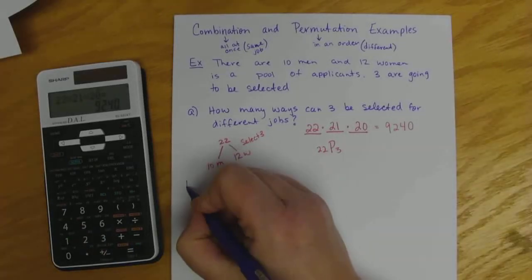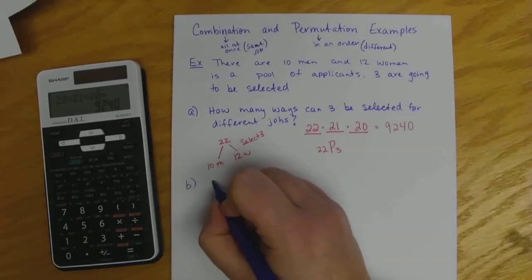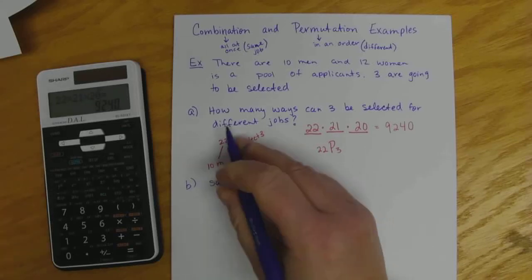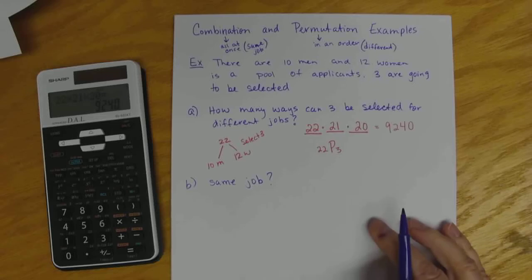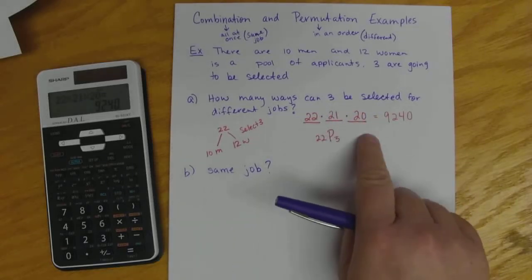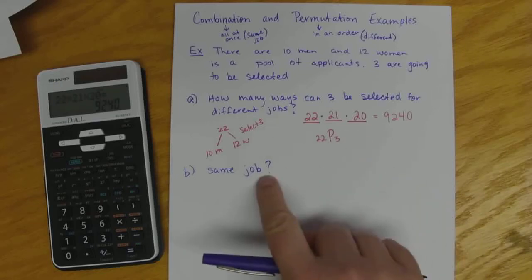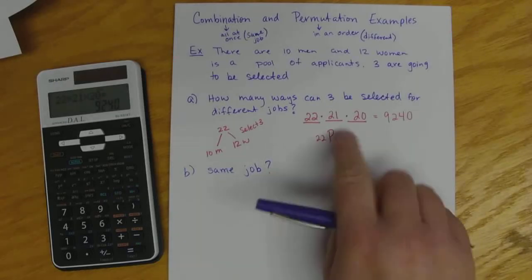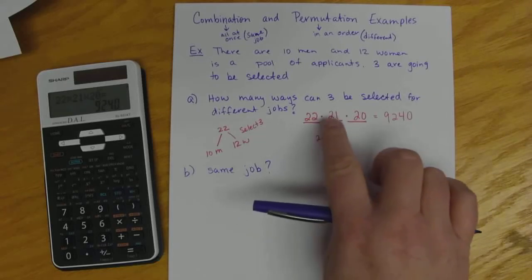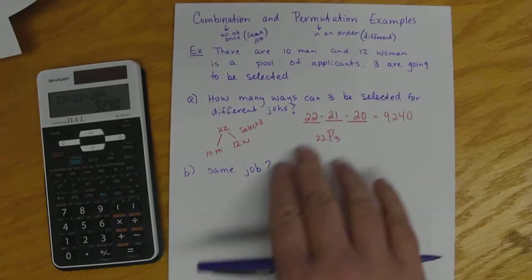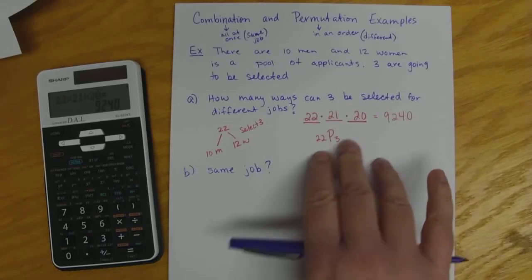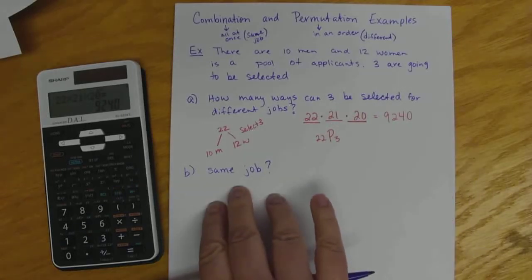Now, if they were getting the same job, same question, how many ways can 3 be selected for the same job? Then we can't do this anymore because listing them in this order, here we don't care what order. If this is ABC, then CBA is the same thing here. So it's counting each one and the arrangements, and here we don't want to count the arrangements.